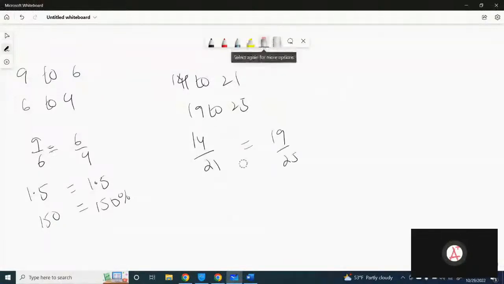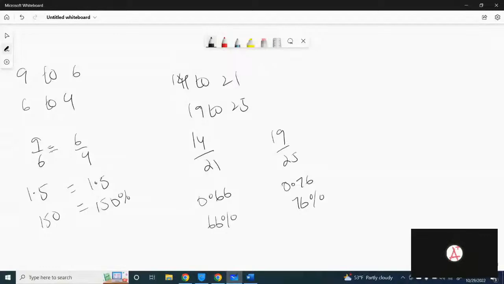Let's just divide them and write the answer in percentage form. So 14 over 21 would be 0.66, and 19 over 25 would be 0.76. So when you multiply them by 100, it would be 66% and 76%.